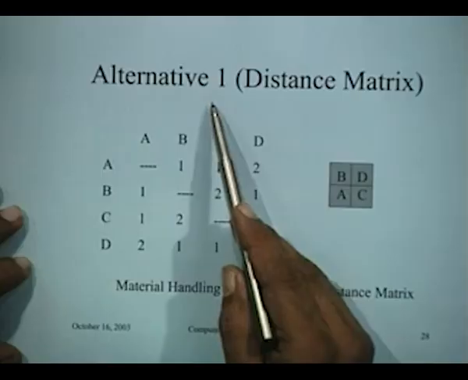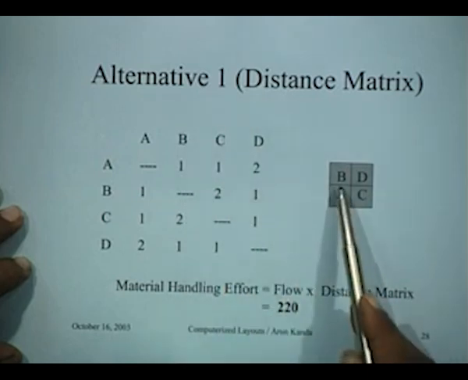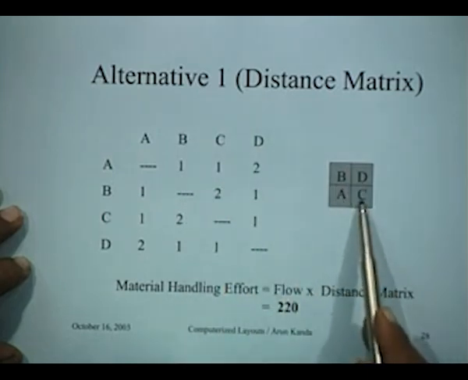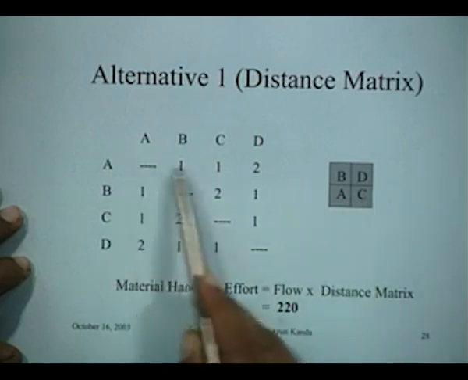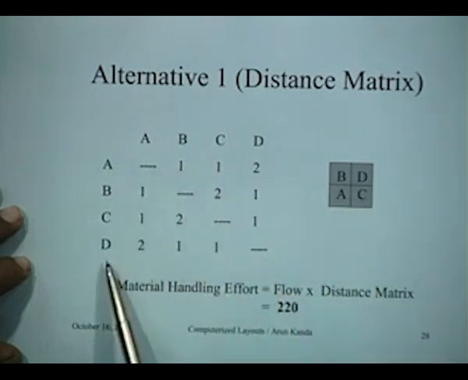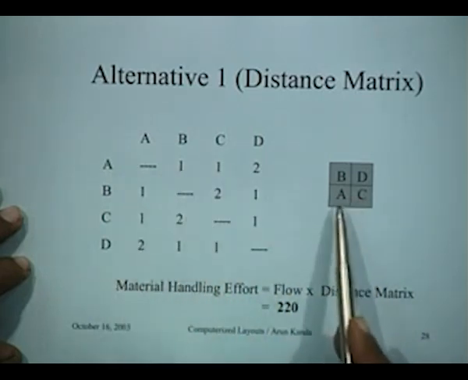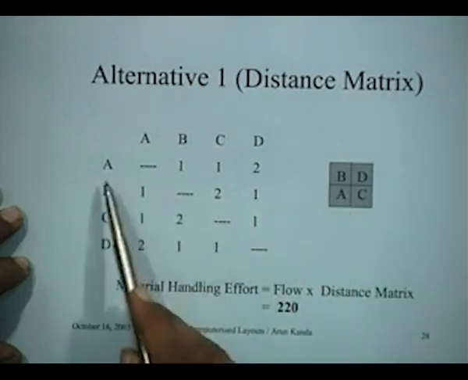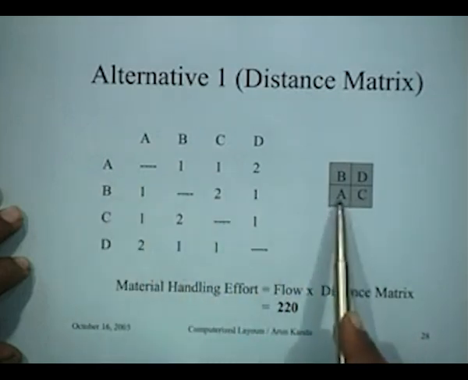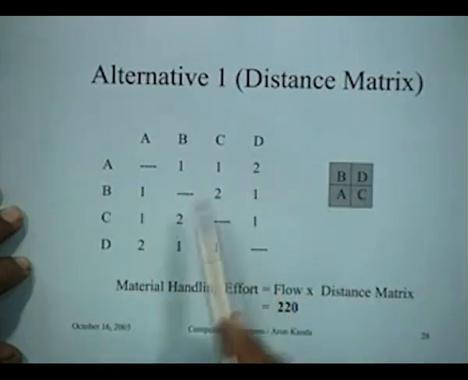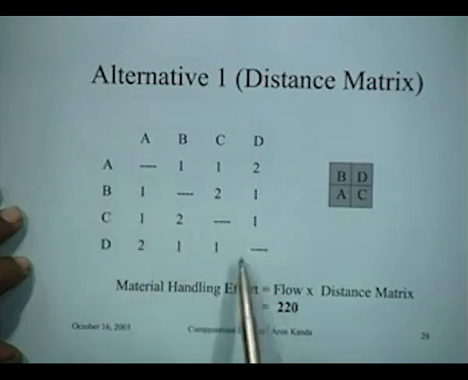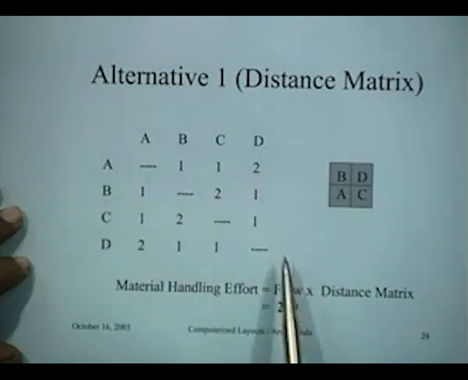For alternative 1, that means if we change the layout to BDAC, it means simply that the distance matrix will now look like this. The distance matrix has changed because the distance from A to B, A to C is 1, but A to D is now 2. Similarly, other distances are as shown in this particular matrix.